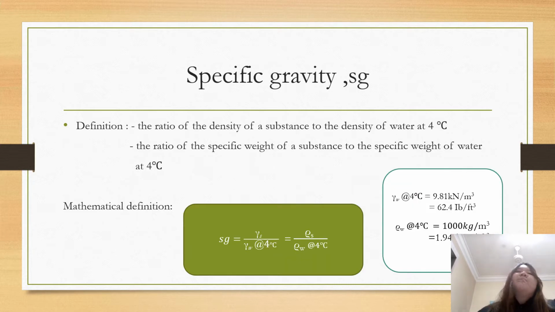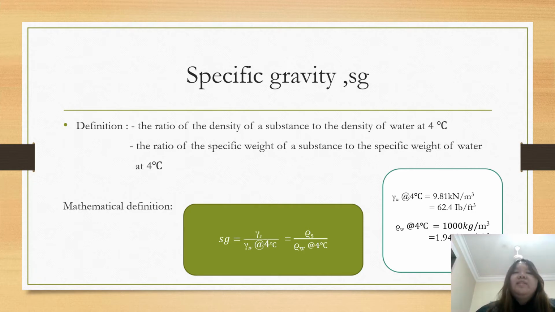For specific gravity, Hg, the definition is the ratio of the density of a substance to the density of water at 4 degrees Celsius, where the density of water at 4 degrees Celsius is 1000 kg over meter cubed.